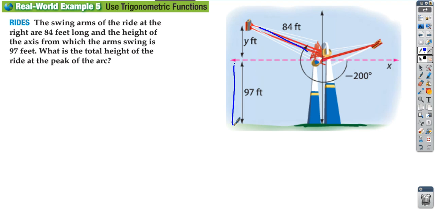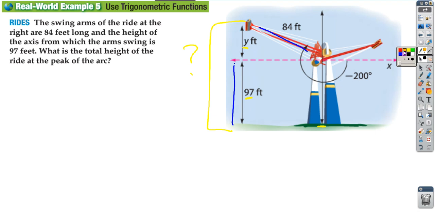The peak of the arc basically means here's where the ride is at the bottom. At the top it's up here, so we want to know this distance, which means we need to know this extra distance because we can add it to 97 to get that entire yellow distance. So we need to know that y value right there.